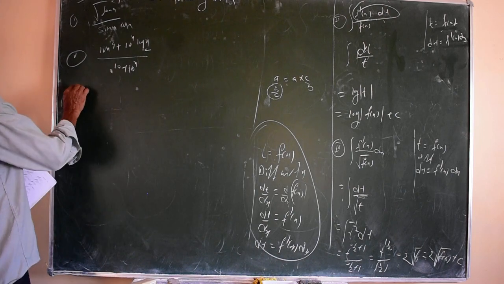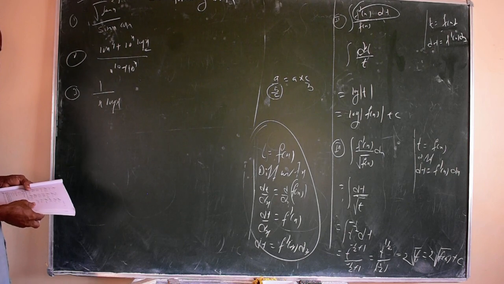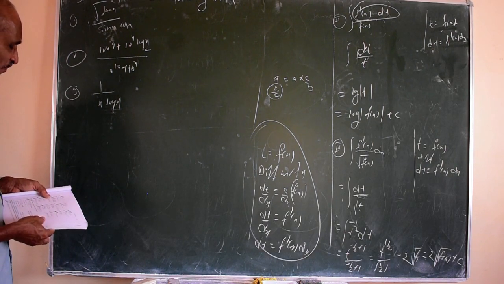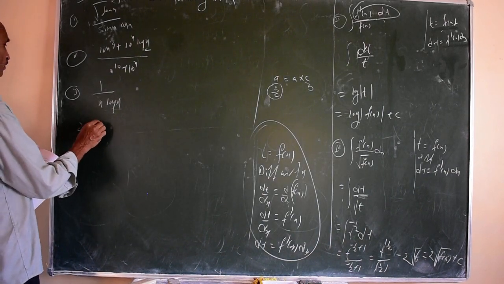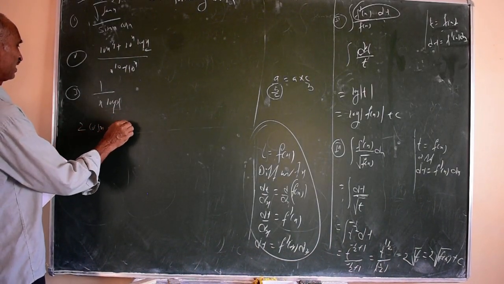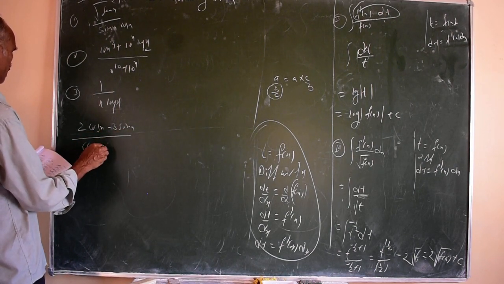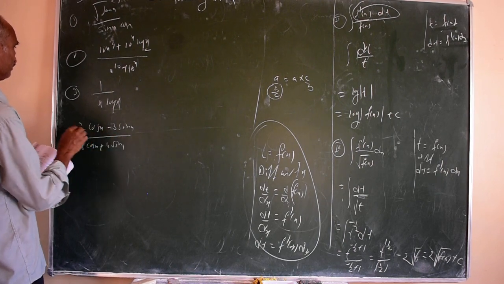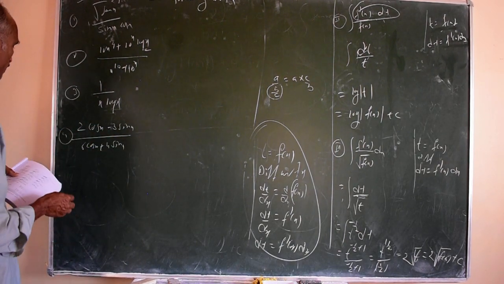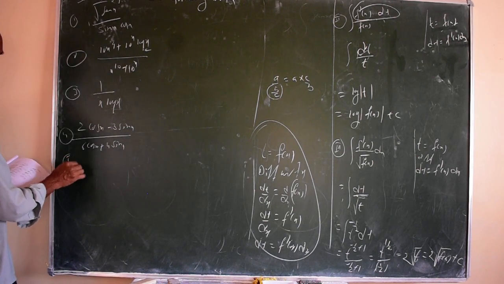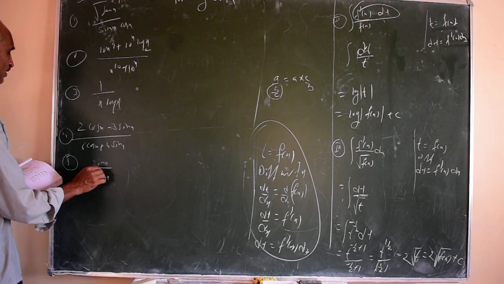1 by x log x. Write 1 upon x log x. And the fourth one is 2 cos x minus 3 sin x upon 6 cos x plus 4 sin x. Next, sin x upon 1 plus cos x the whole square.